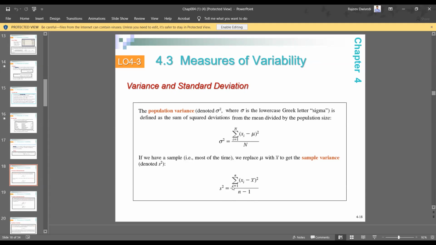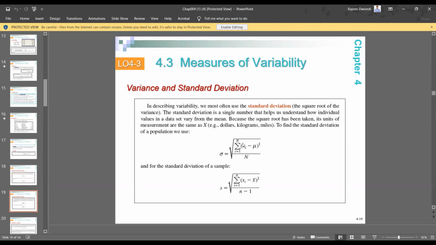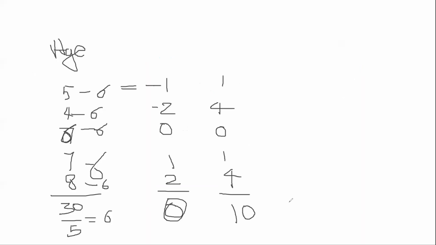So let's do this. We did the sum of x minus mu squared, and now we divide by n. So this is 10 divided by 5, using the population formula. What am I going to get? I'm going to get 2.